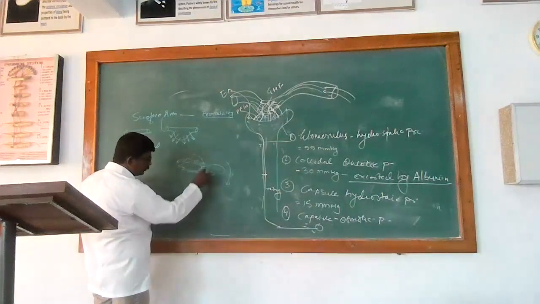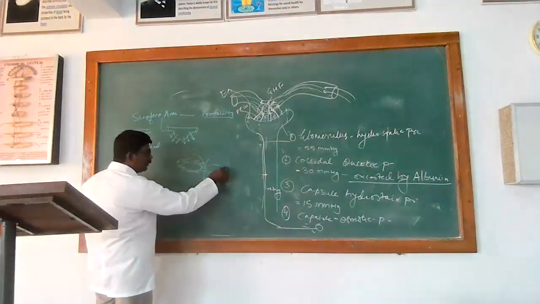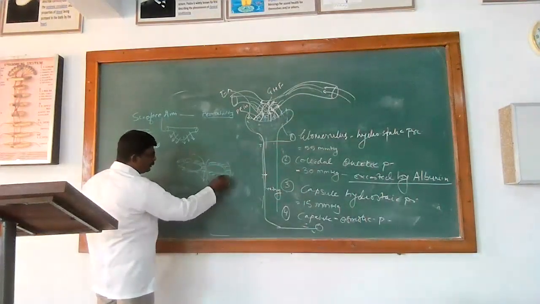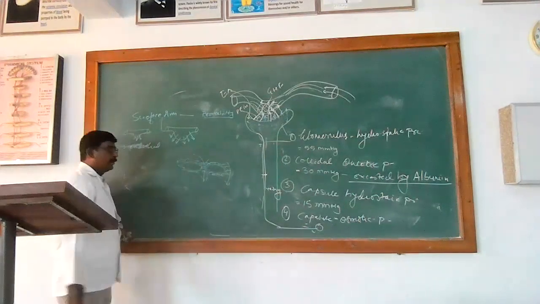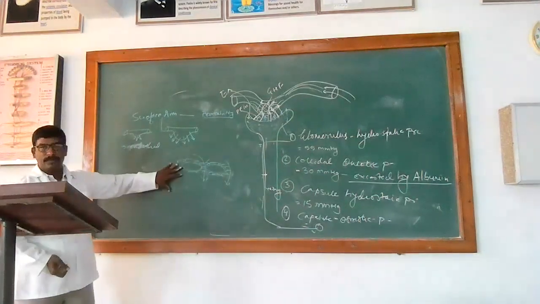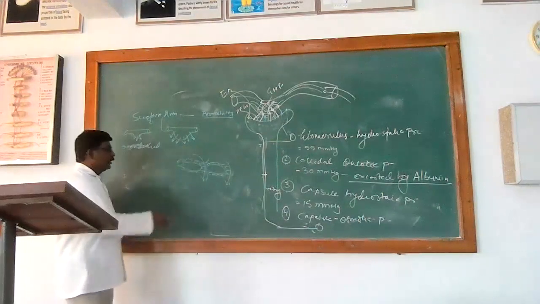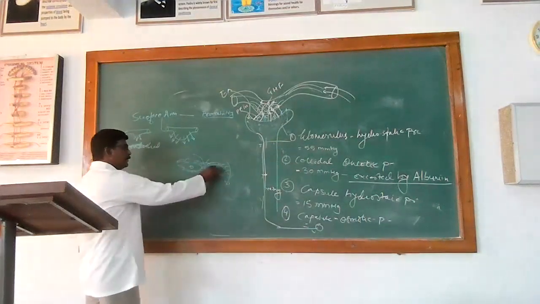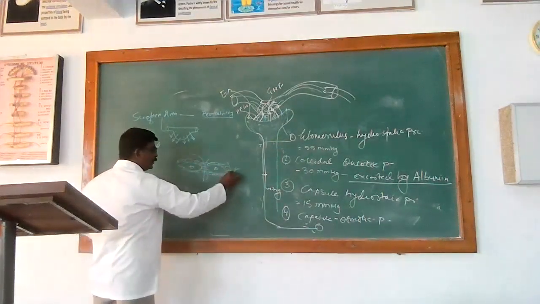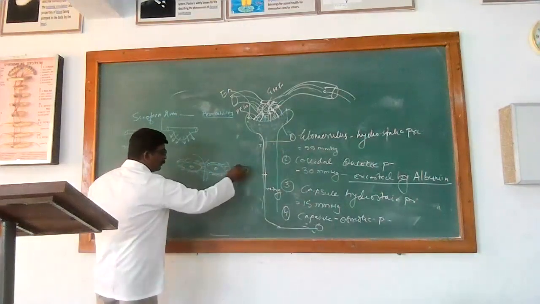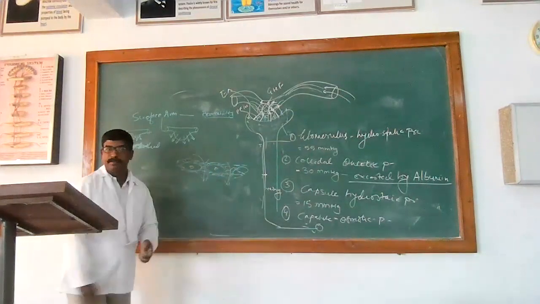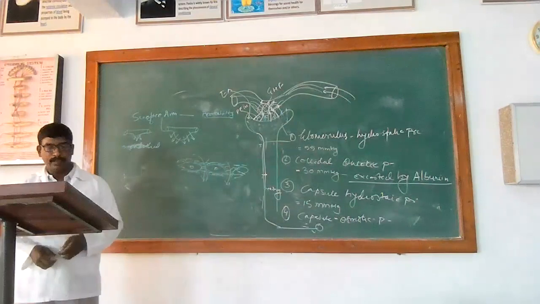There is a very small space for filtration. So in diabetic nephropathy, it affects the endothelial cells and decreases the surface area for filtration.